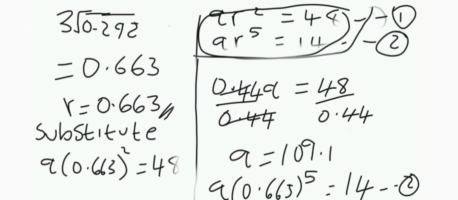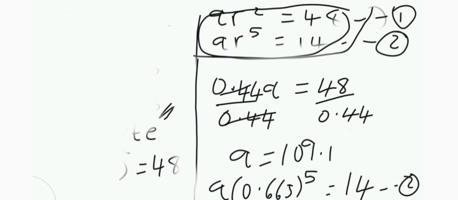Okay, so that one is A equals 109.1, not 101.1. It's a mistake, 109.1. So we want to test it again. We want to use 0.663 times 0.663, five times.